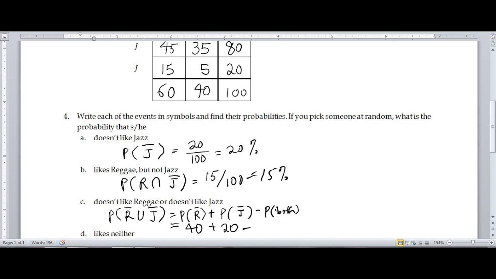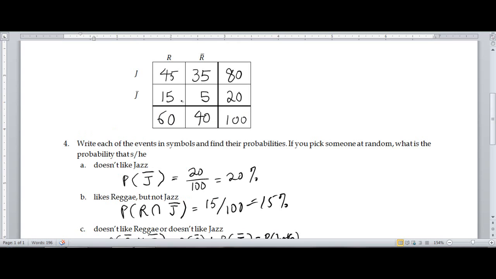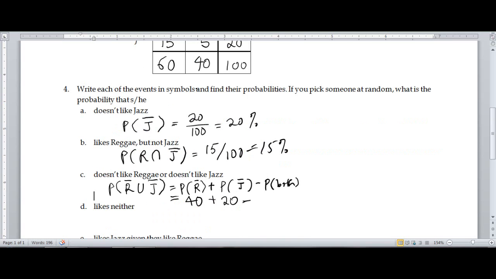So don't like reggae and don't like jazz. That's 5. 5 like neither. That's all over 100. So 40 plus 20 gives me 60, minus 5 is 55 over 100. 55%.